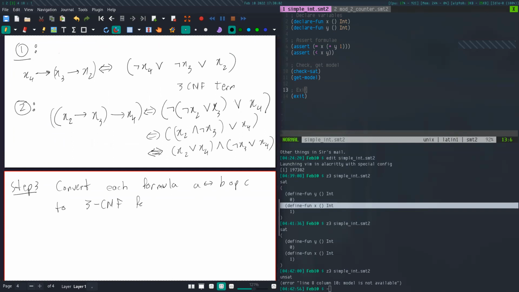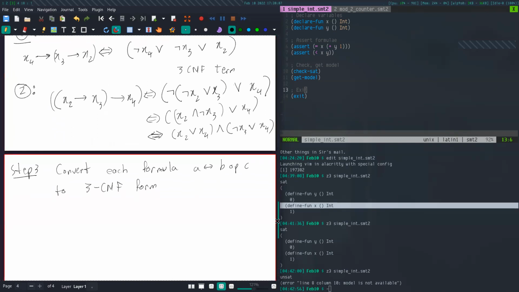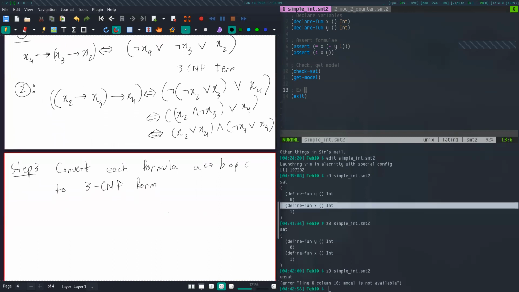So then notice that we are done, because our original formula was a conjunction of these formulae, each added formula. So convert each sub formula in this f tilde to this form.